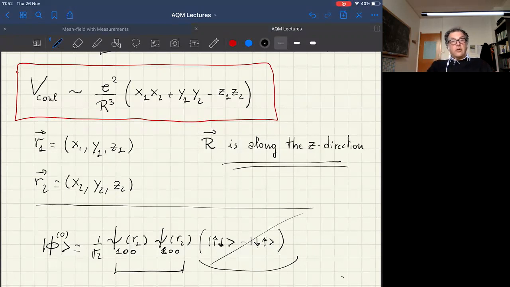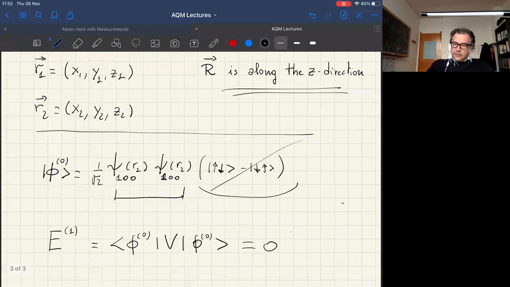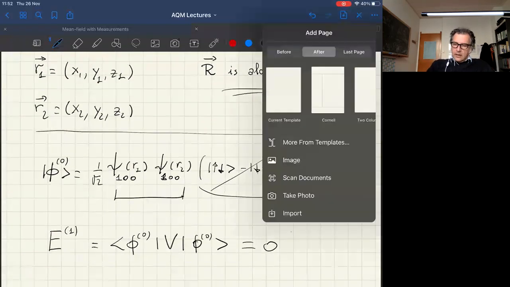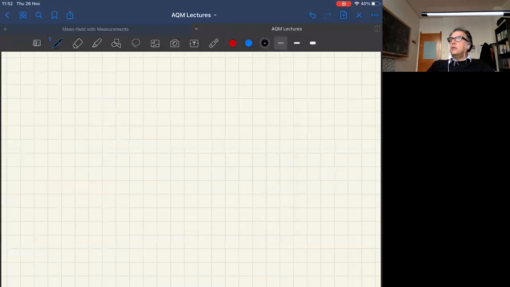Because second order correction, in principle, it may be that also the second order correction is 0, but to the second order, basically I have to do it, okay? So second order correction, do you remember the formulas?